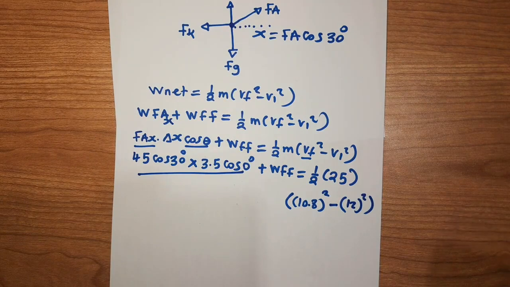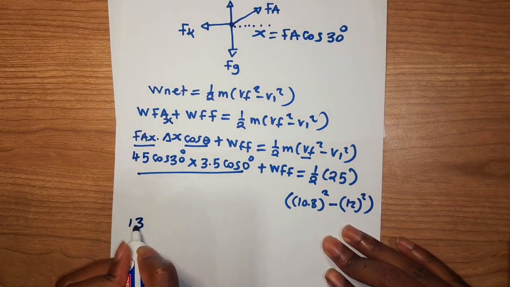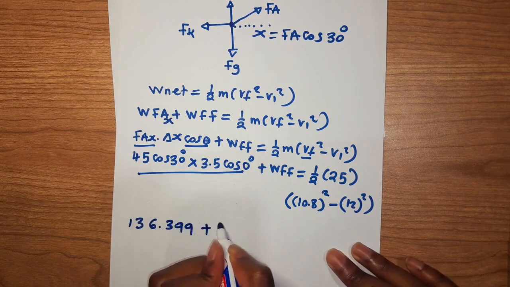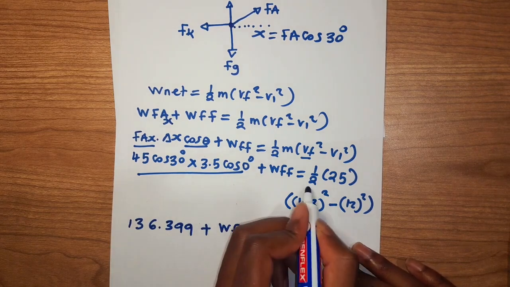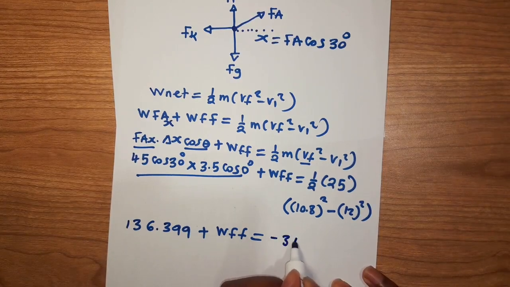We're going to have 45, the cos of 30, times 3.5, the cos of 0. And we find that this is the same as 136.399 plus the work done by frictional force equals to, let me just hit everything in here, 1/2 times 25, and then 10.8 squared minus 12 squared, and I get a value of minus 342.